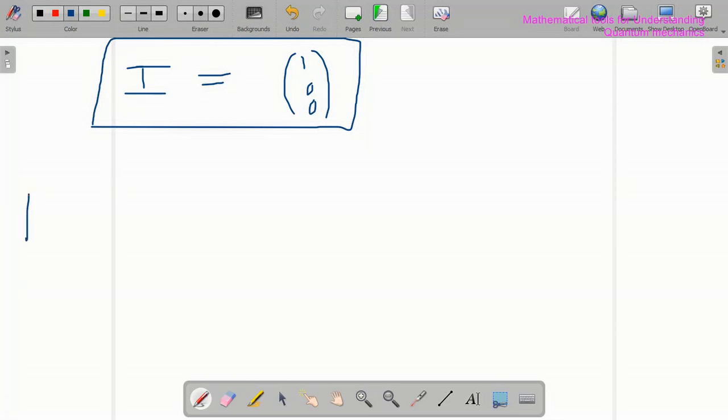Now we take the second vector, which is 0, 1, 2.